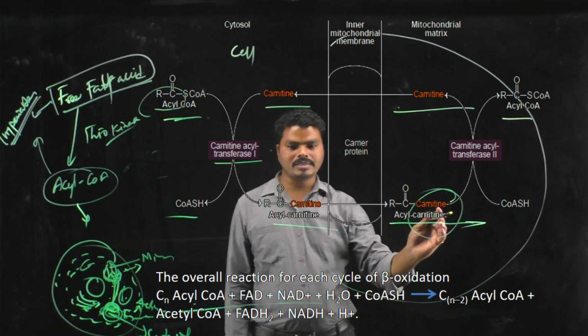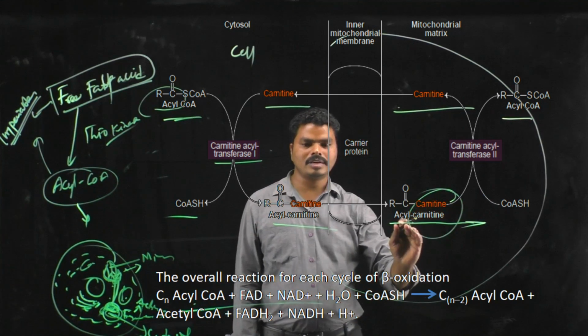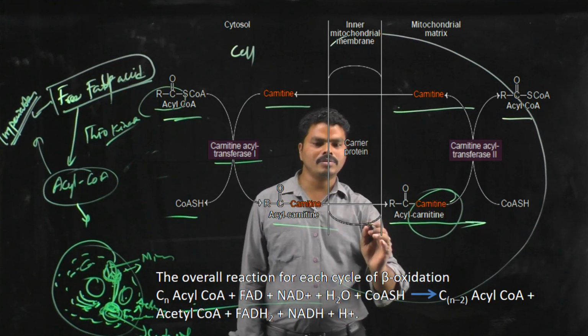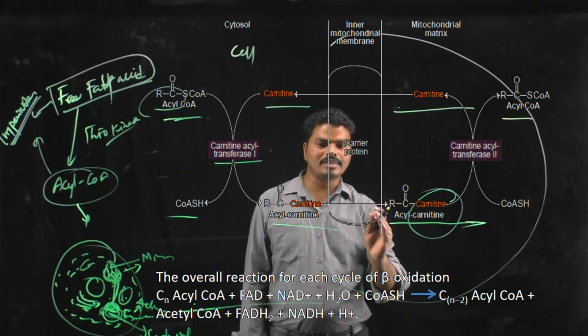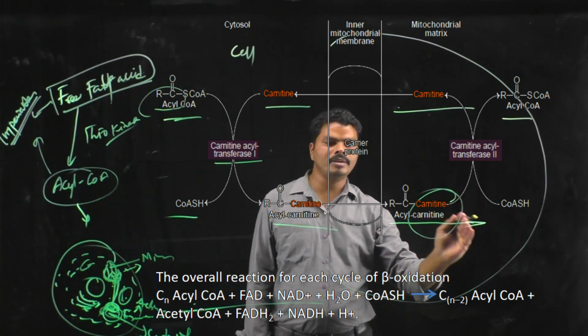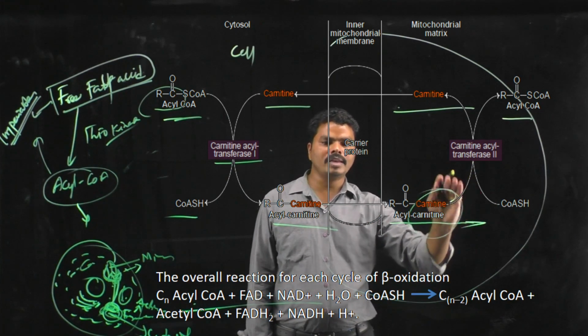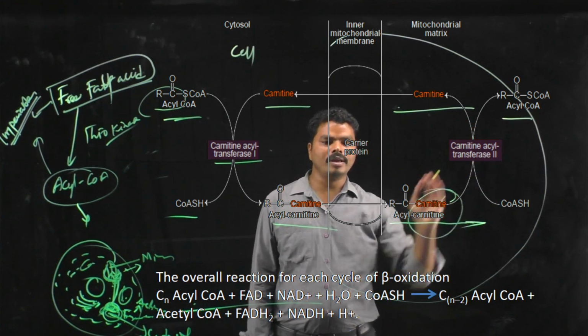On the inner side of the mitochondria, there is CoA, and this acyl group, which is detached from the carnitine, will combine with the CoA by the action of carnitine acyl transferase 2. Then again it forms the acyl CoA.